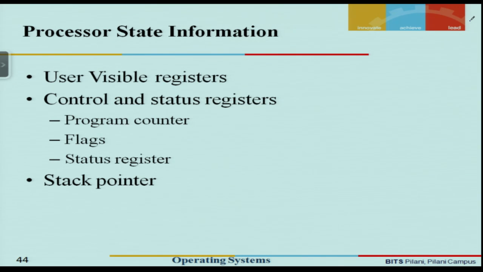Another very important register is the stack pointer, which is essentially used for manipulating the stack. So quite a few registers form part of a processor, and as part of the processor state information, the operating system would need to maintain the information contained in all these registers.